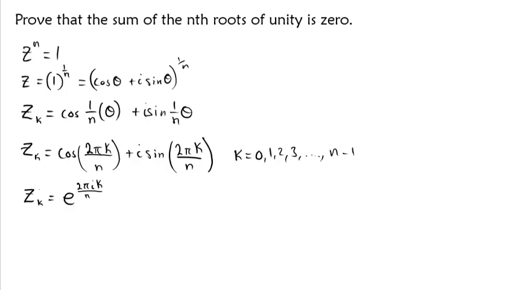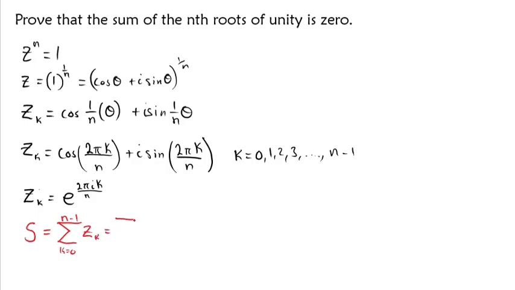So to express the sum of the nth roots of unity, the sum s of the nth roots will be given by the following expression. We'll just use s for the sum. So s is equal to the summation, where k starts from 0 all the way up to n minus 1, of zk.